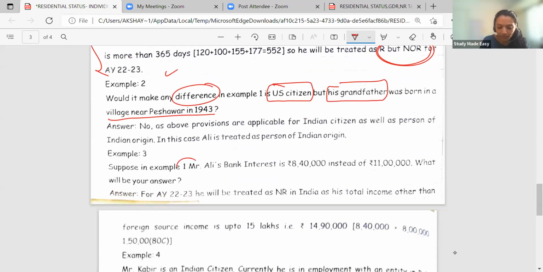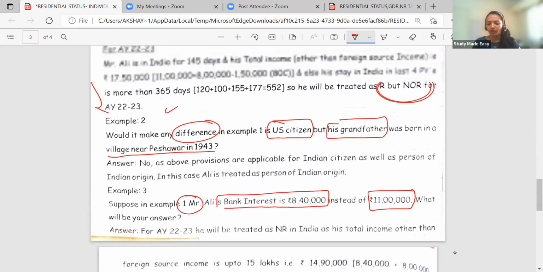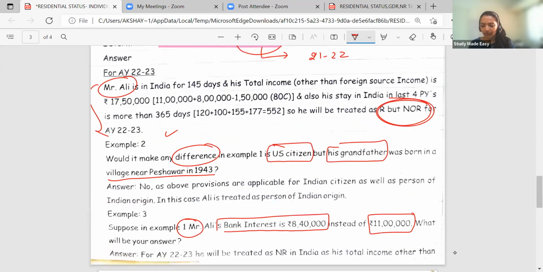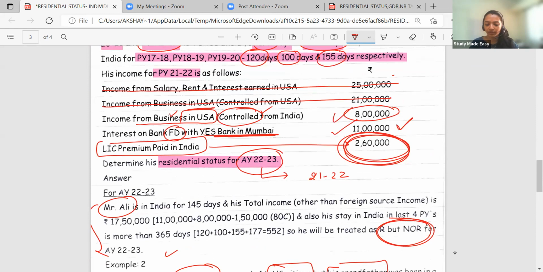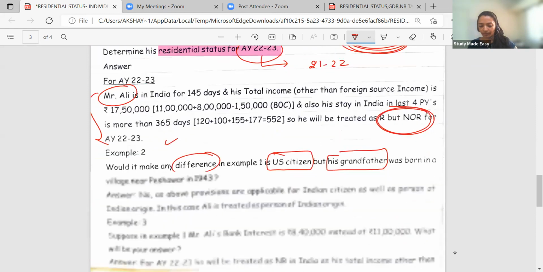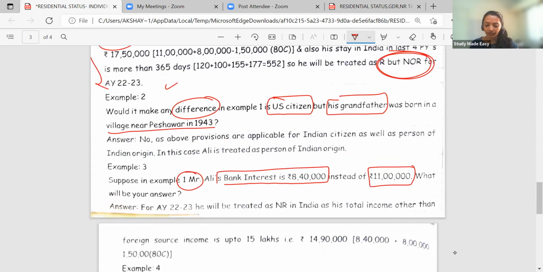Then, suppose in example 1, Ali's bank interest is 8,40,000 instead of 11 lakh. What would be your total income now? He's saying now it is not 11 lakh, it is 8,40,000. Calculate the total income. 8 lakh plus 8,40,000, minus your 1,50,000.